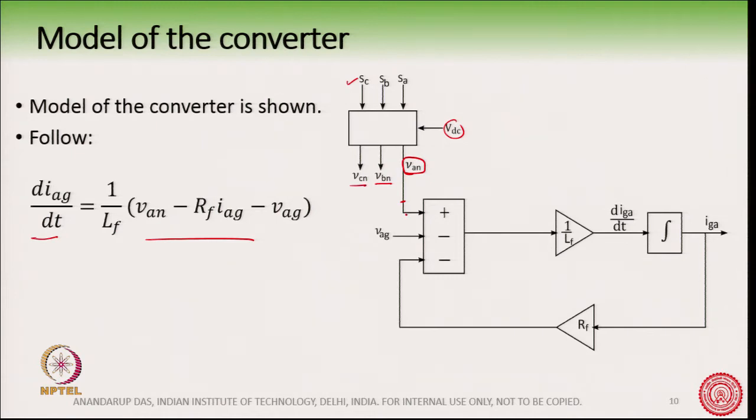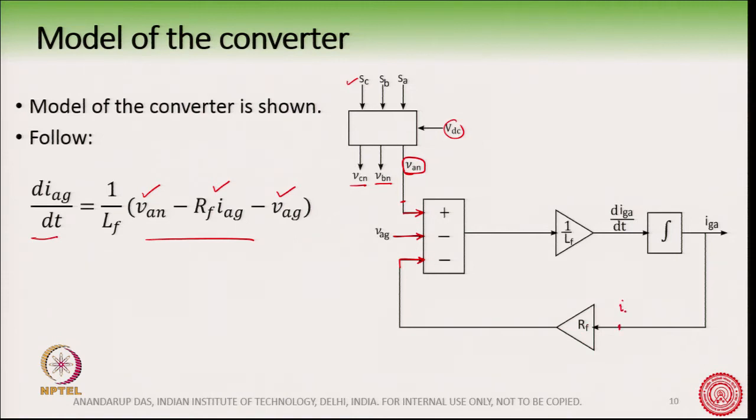Now, VAN comes here. I take the first term in the equation, then I subtract VAG from there, using a block of plus, minus and minus, and I am also subtracting RF times IAG. This is the gain RF.